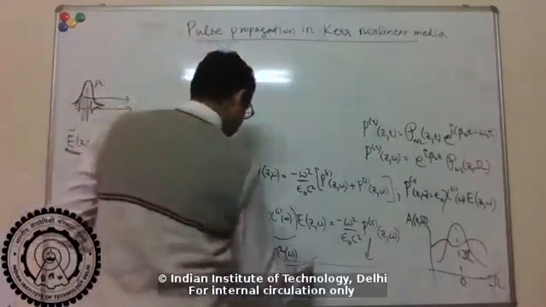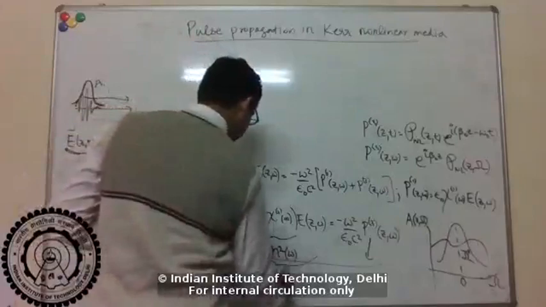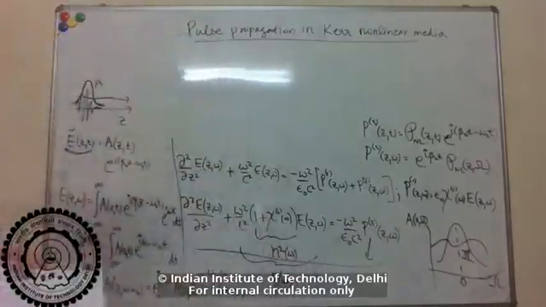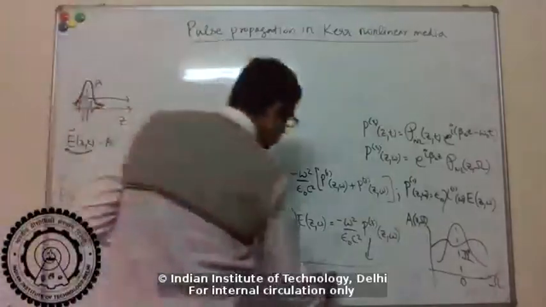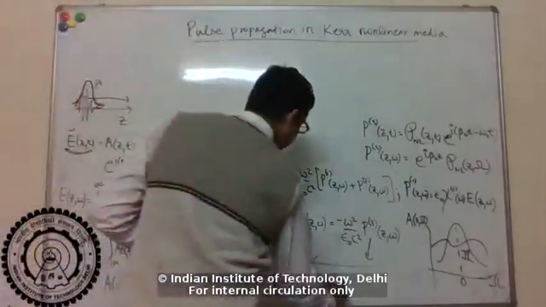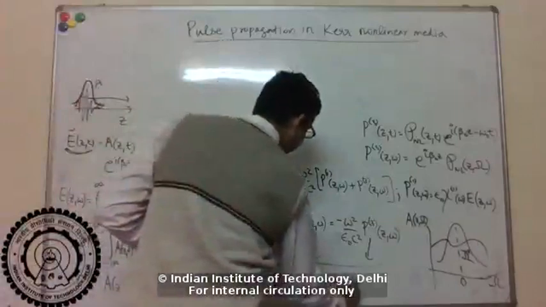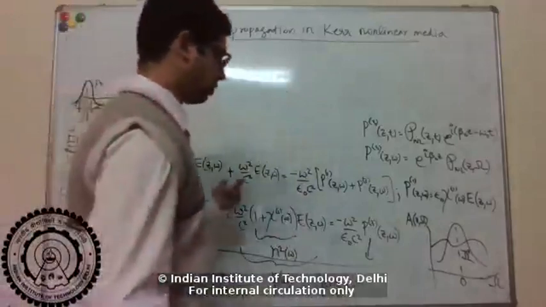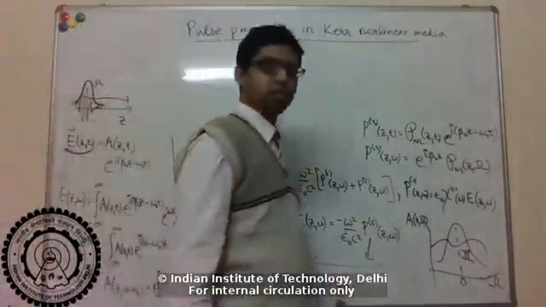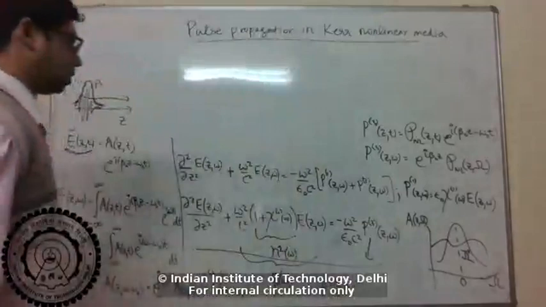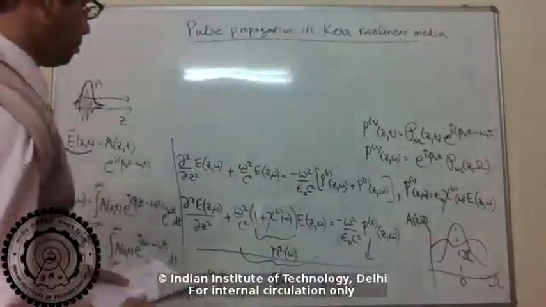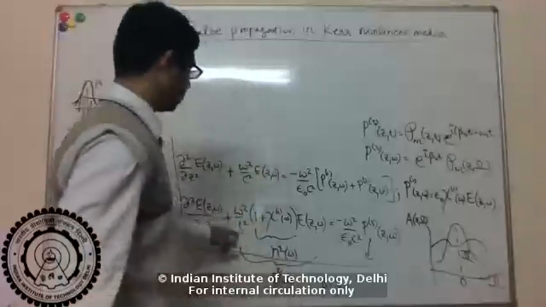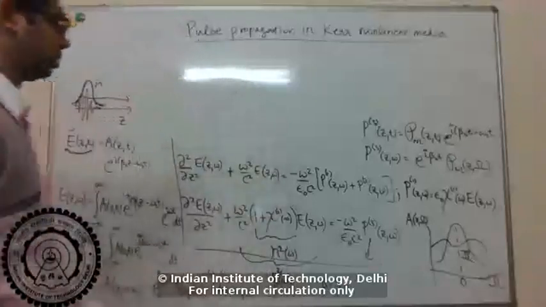This is the propagation constant beta at the frequency omega. The propagation constant beta by definition is omega by c times n. In a fiber or a waveguide, this will be the n effective. So this is beta squared, omega squared by c squared times n squared.